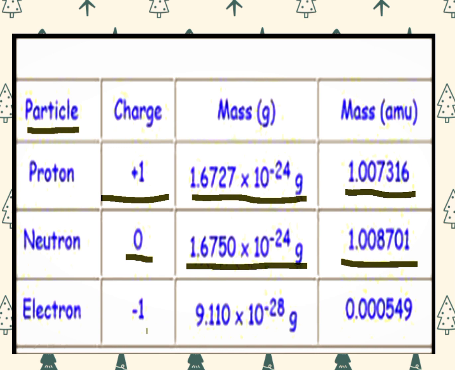Now electron: as you know, an electron is negatively charged, so its charge is minus 1, and its mass in gram is 9.100 into 10 raised to minus 28 gram, and its mass in atomic mass unit is 0.000549. Hope you all understood it well.